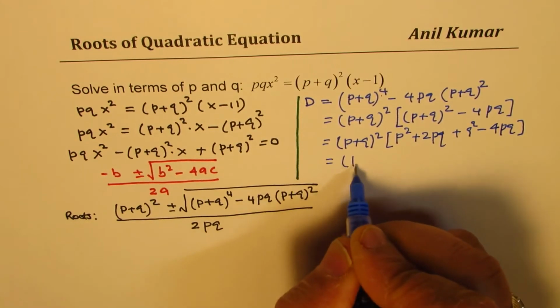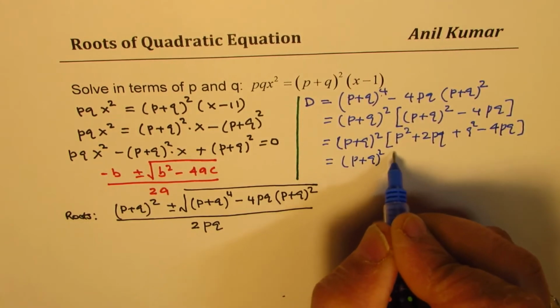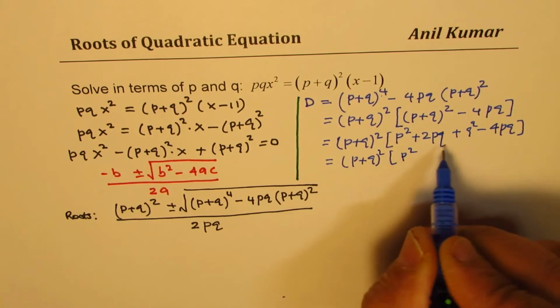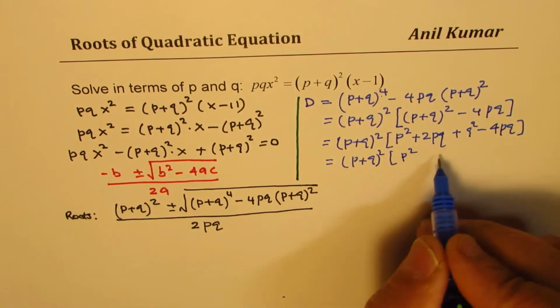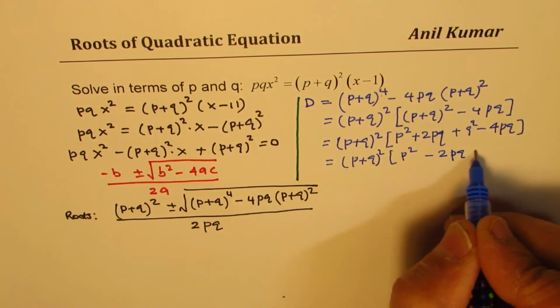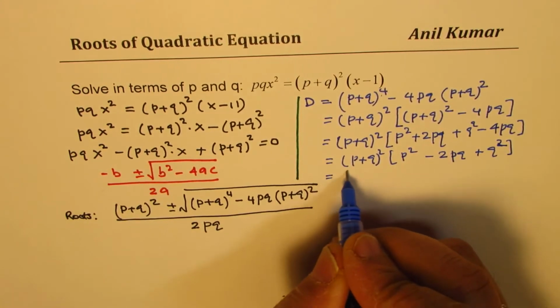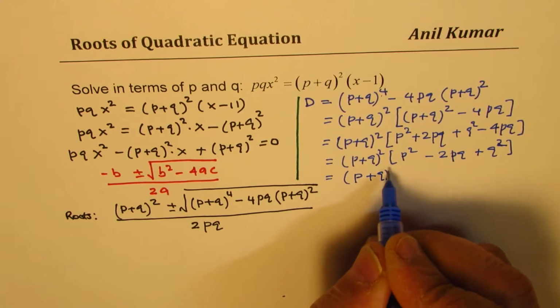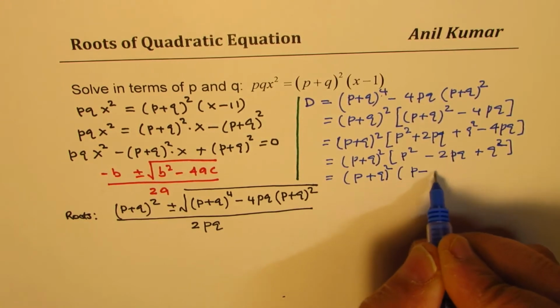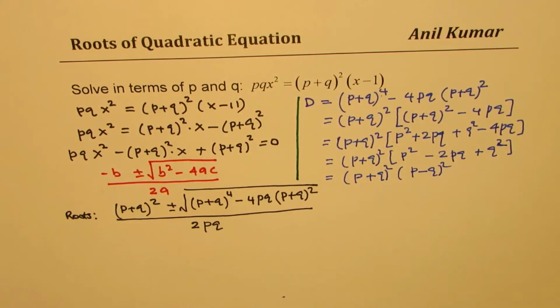And when you simplify, what do you get? You get P², and that becomes minus 2PQ, plus Q². Or you could write this as (P+Q)² times (P−Q)². Do you get that?